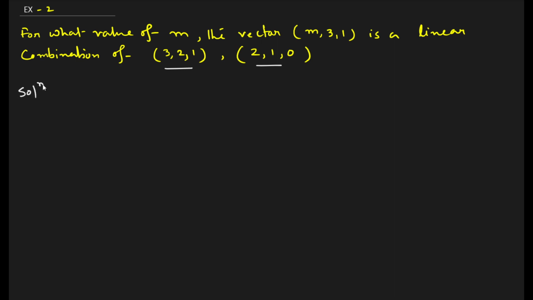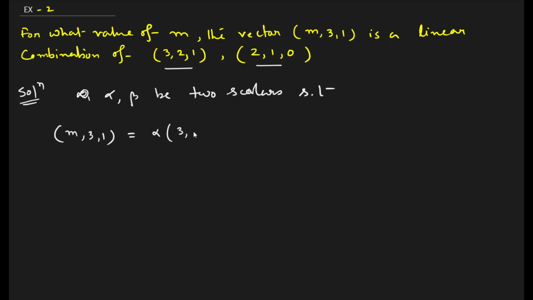Since there are two vectors, we take two scalars, suppose alpha and beta, such that (m, 3, 1) equals alpha into (3, 2, 1) plus beta into (2, 1, 0). Now if we combine them: alpha into 3, beta into 2, so it will be 3 alpha + 2 beta, then 2 alpha + beta, and finally only alpha.